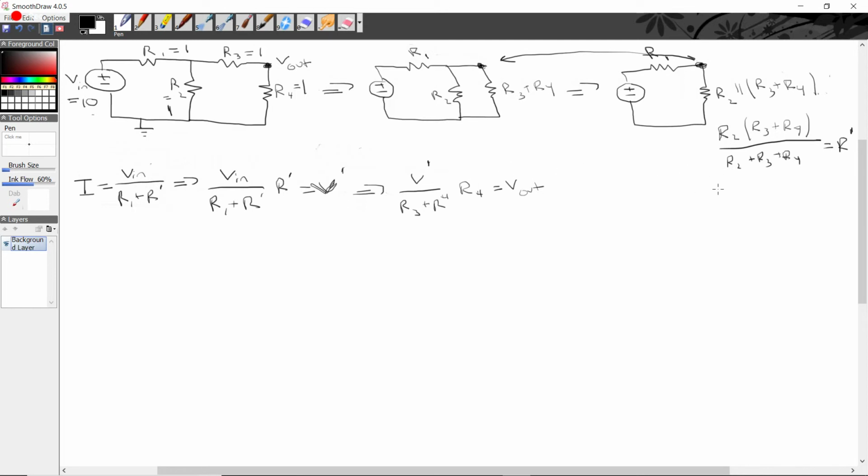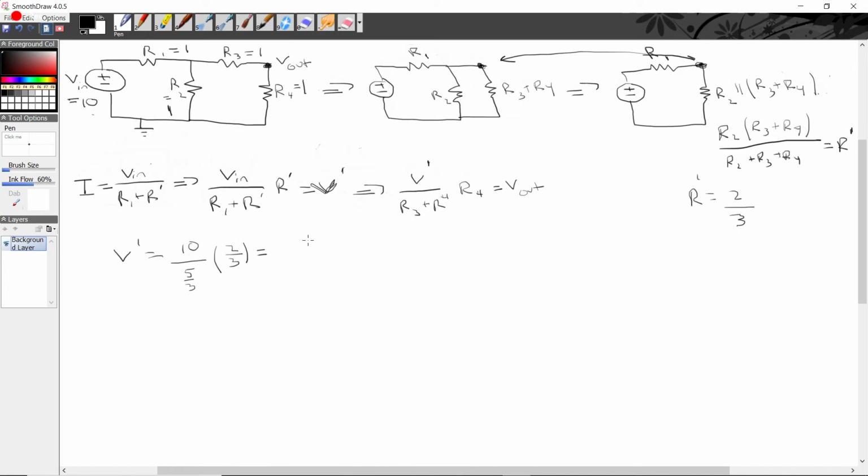Since all the resistors are 1, because I like to make problems simple, we know that R prime is equal to 2/3. Then V prime is equal to V in, which is 10 volts, all over 1 plus 2/3, which is 5/3, times another 2/3.